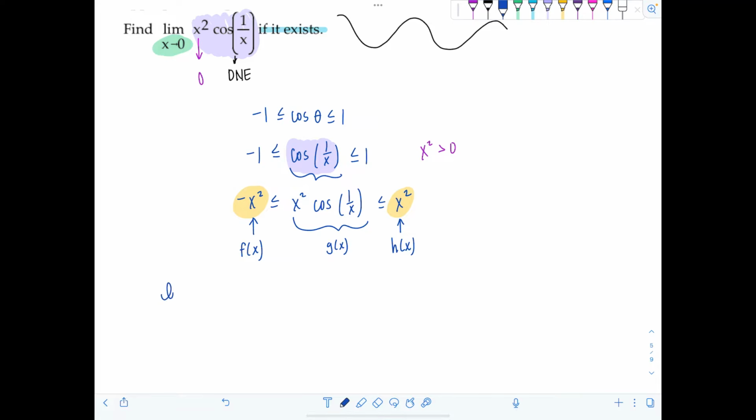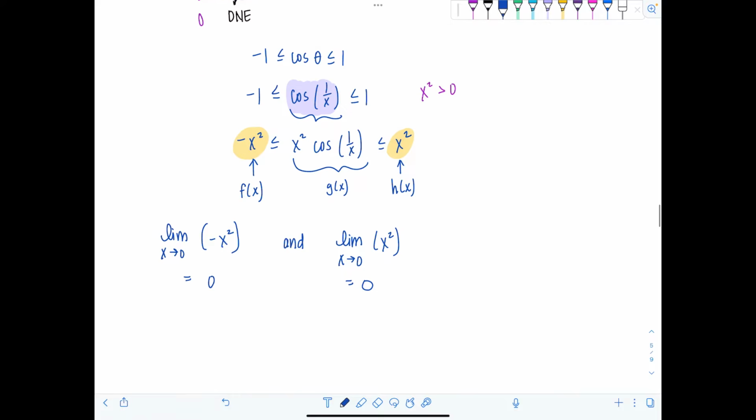So let's check now. What's the limit as x approaches 0 of negative x squared? Oh, this is easy breezy. Just plug in 0. It's 0. And let's check the limit as x approaches 0 of h of x, positive x squared. 0 again. Ding, ding, ding.